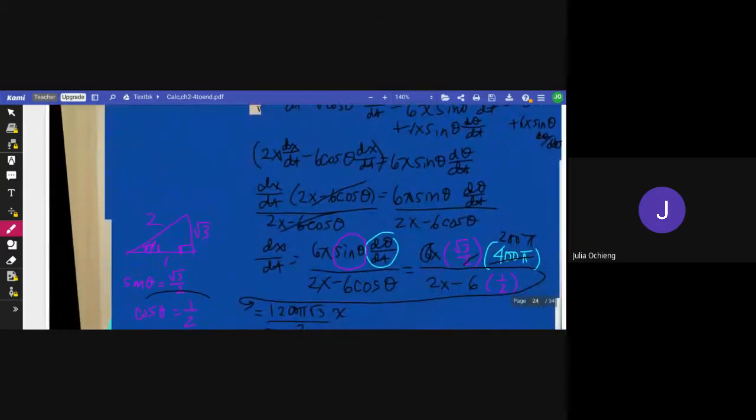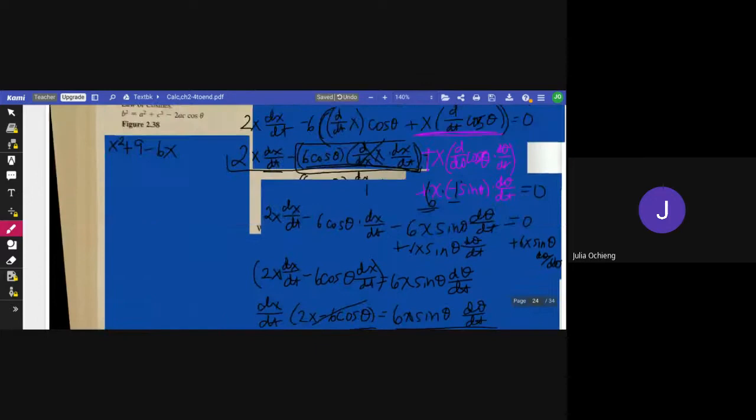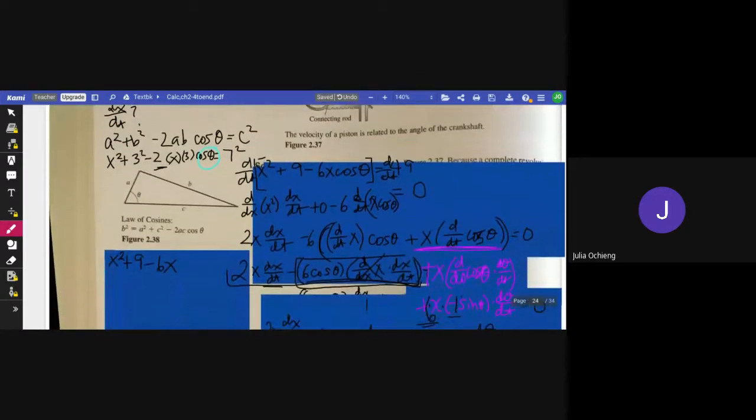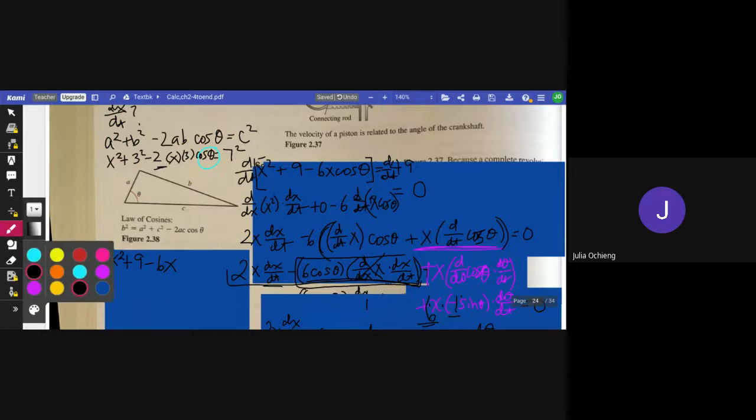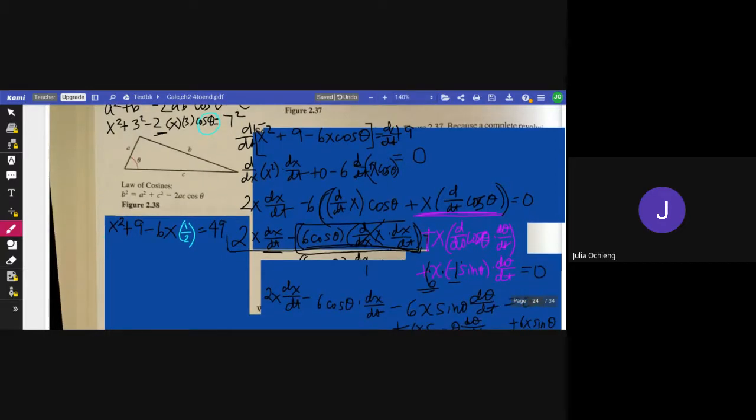Cosine theta, remember, was 1/2 because angle's pi over 3. So we can plug that in right here. Equals 7 squared, which was 49. This is 6 times x times 1/2, so I'm going to do 6 times 1/2 to get minus 3x.